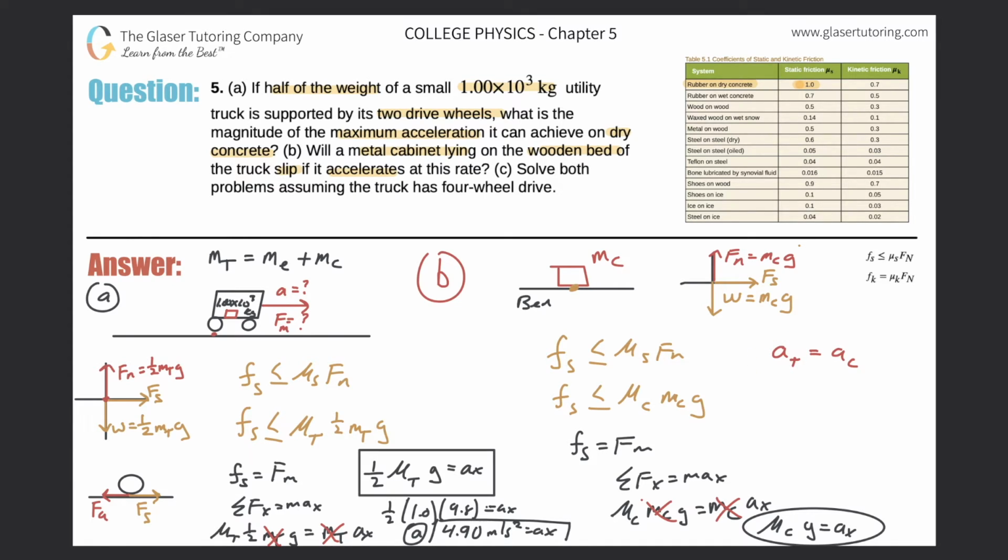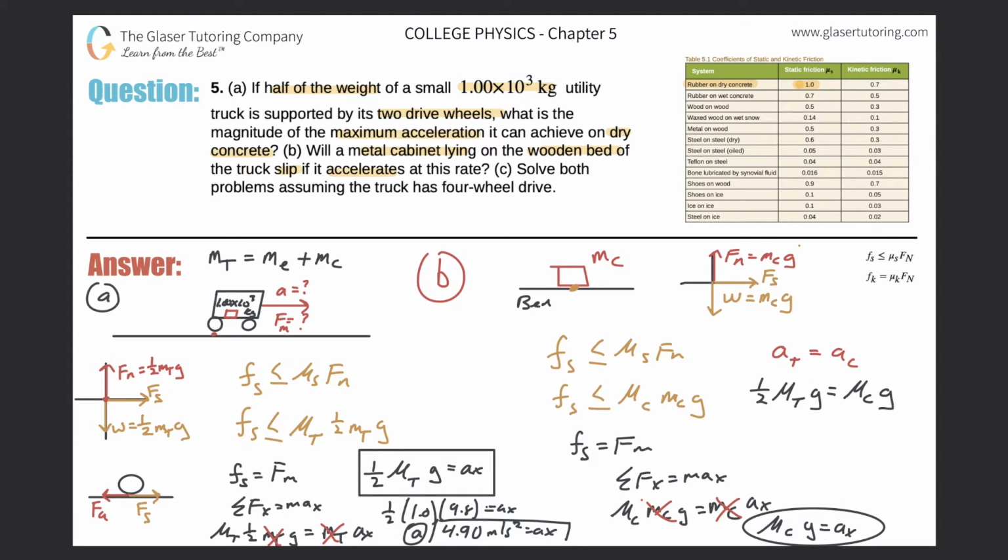This one, the one I boxed. Let's take that formula and plug it in. We have one half the coefficient of static friction between the rubber and the dry concrete times g should equal the coefficient of static friction between the wooden bed and the metal cabinet, times g.